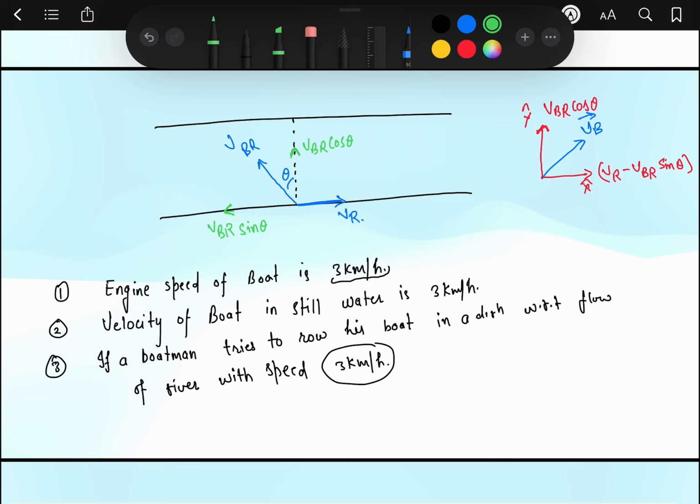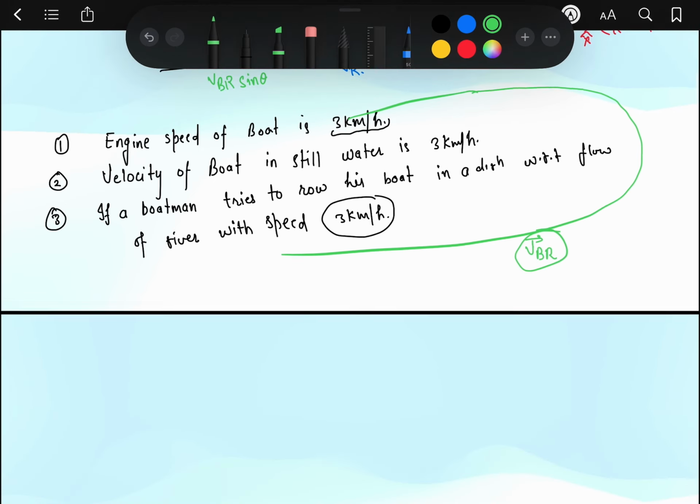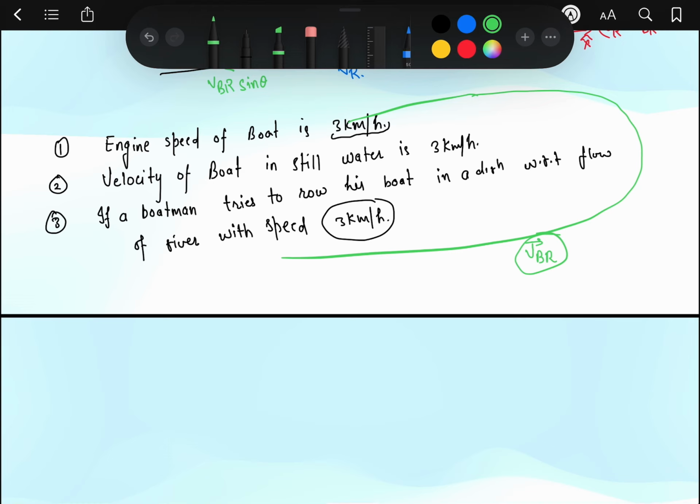If we see these three types of statements anywhere in the questions, this 3 kilometer per hour is nothing but the velocity of boat with respect to river only. So we just have to interpret: engine speed of the boat is 3 kilometer per hour means velocity of boat with respect to river is 3 kilometer per hour.